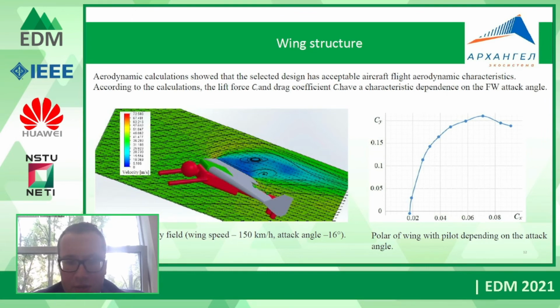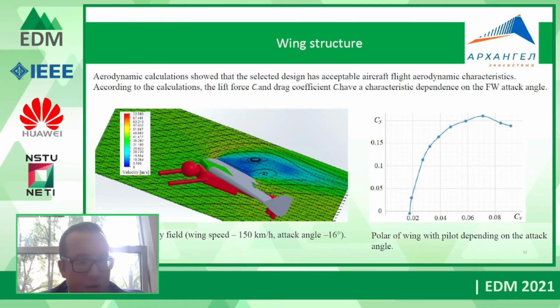And on the slide, on the right, it's the polar with X and Y, for the lift and drag. On the left, you could see the velocity field.